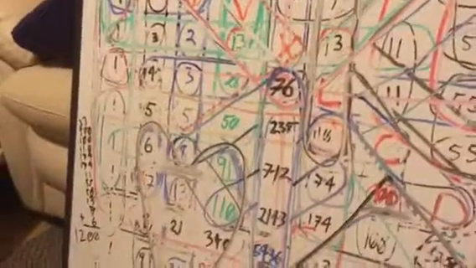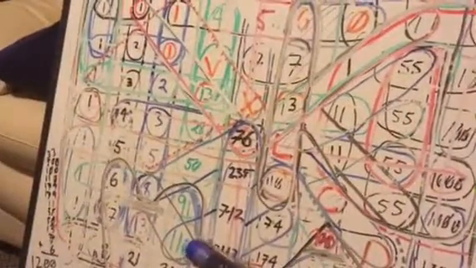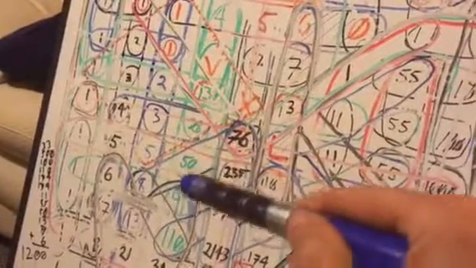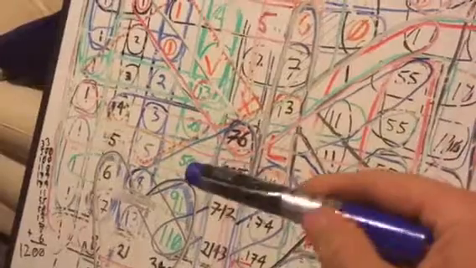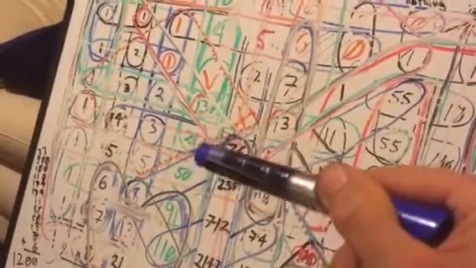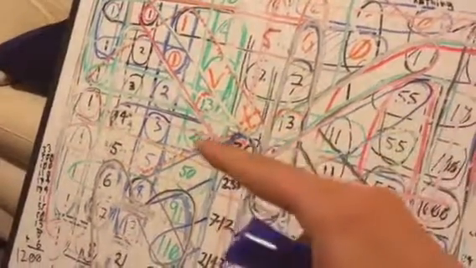Maybe that's what 110 is. 110 is trying to tell you 174. 110 is trying to tell you 174. 141. 150, 161, 169, 169, 169.